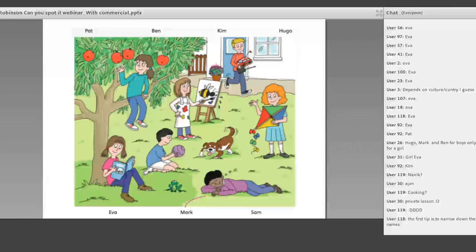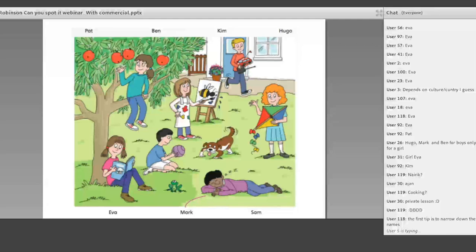So the task is going to be to draw a line between a name outside the picture and somebody in the picture, doing things like we've been doing, looking at how many people there are, where they are, what they're doing, what they're wearing, similarities and differences between them.